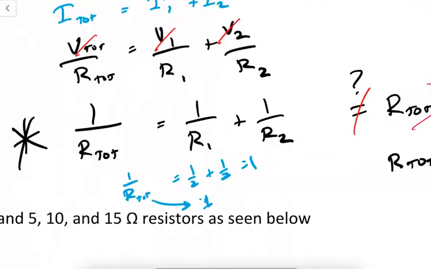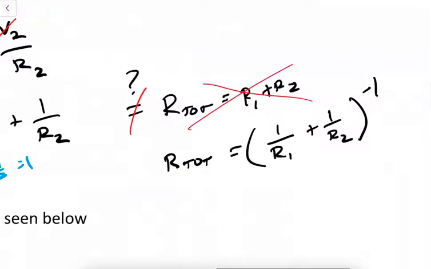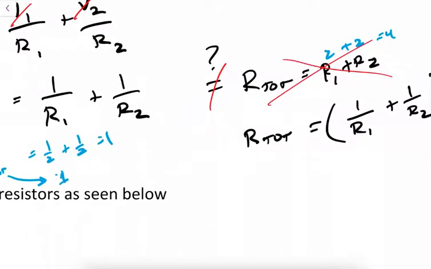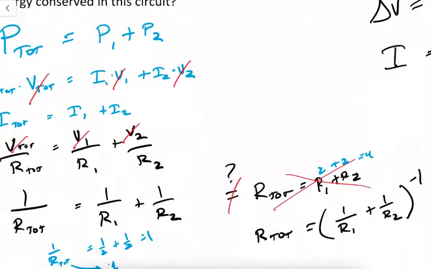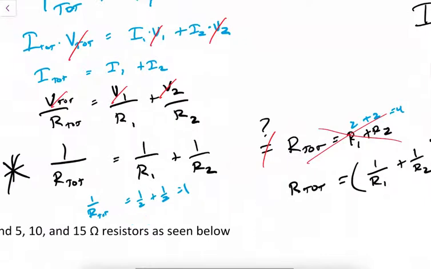But that's if R1 and R2 were 2 ohms. So what if we plugged in 2 plus 2? That's equal to 4. Those cannot equal each other. So it's really important to know mathematically those two are not the same, and that's why we have the two separate relationships for series and parallel.